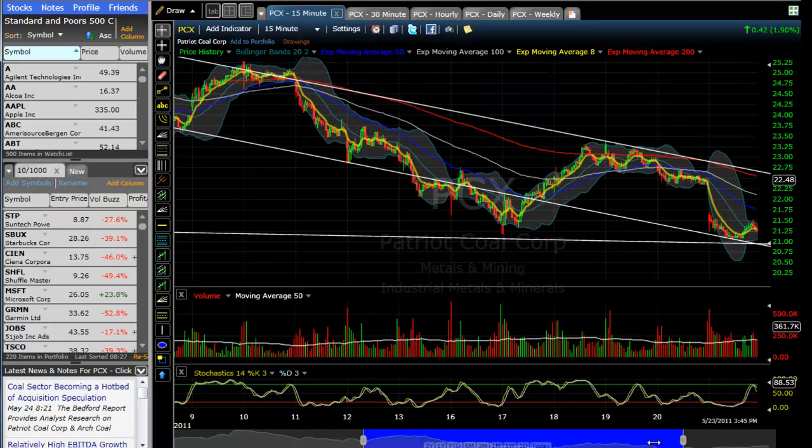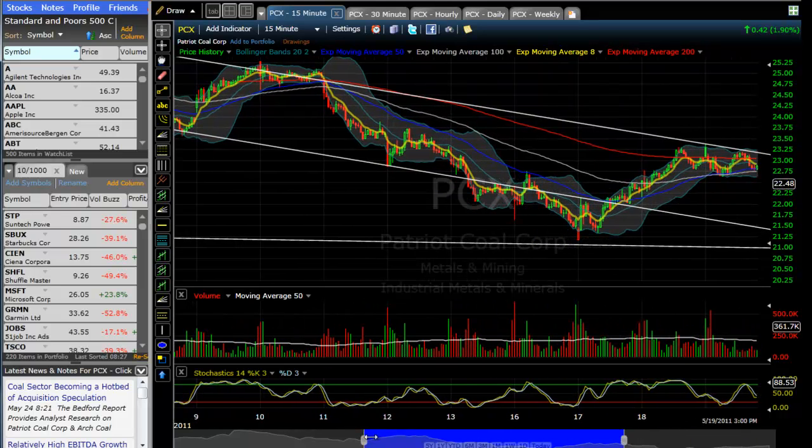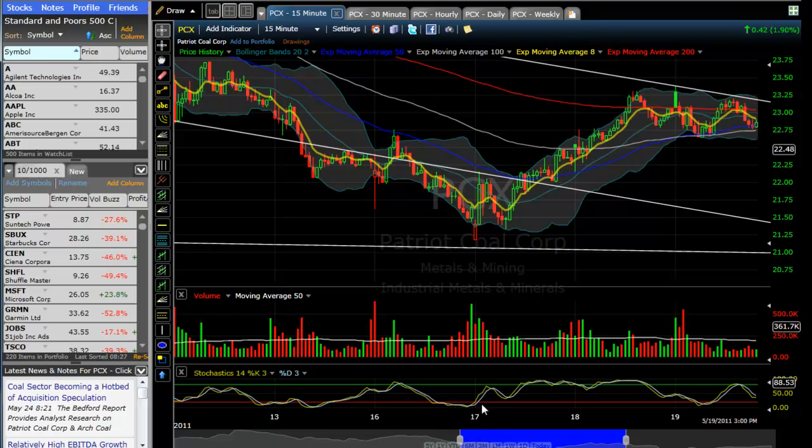Let's zoom into the 17th and look at this a little closer. We got the signal here at the open, and we bought the 2250s. We quickly moved back down, but we didn't get down to our stop, so we stayed with the trade.